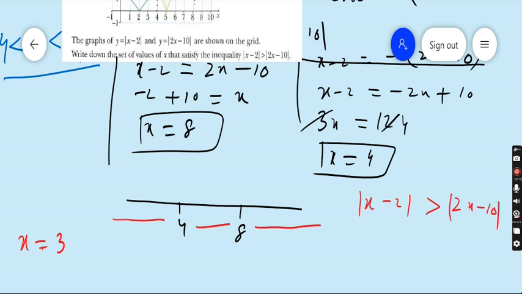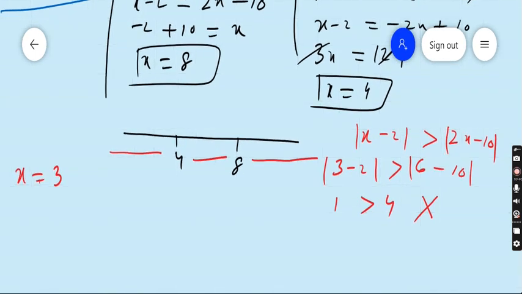Put x equal to 3: 3 minus 2, and 2 times 3 is 6, 6 minus 10. 3 minus 2 is 1, 6 minus 10 is minus 4, becomes plus 4 because of the absolute value sign. 1 cannot be greater than 4. So all values which are on the left-hand side of 4 are excluded.